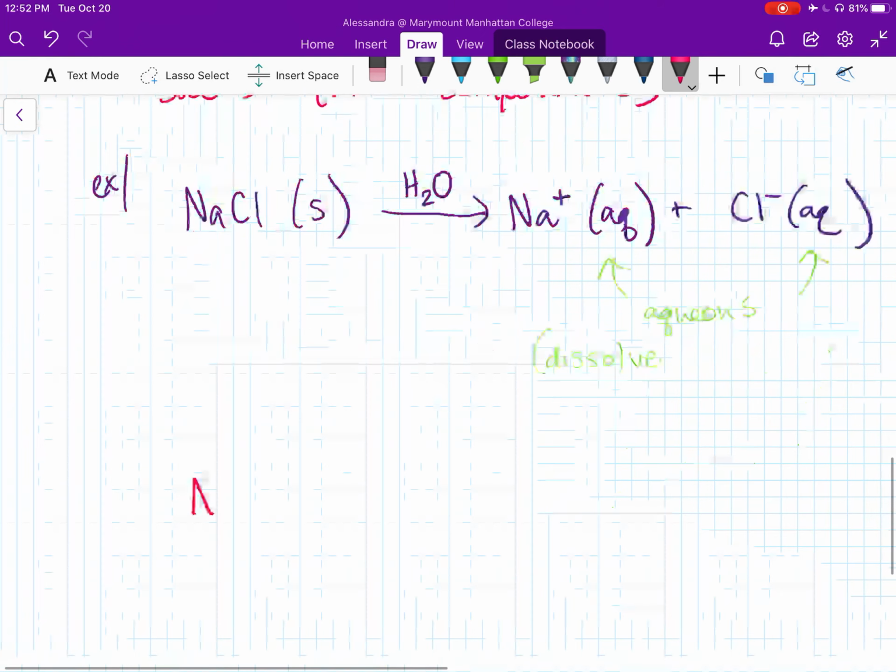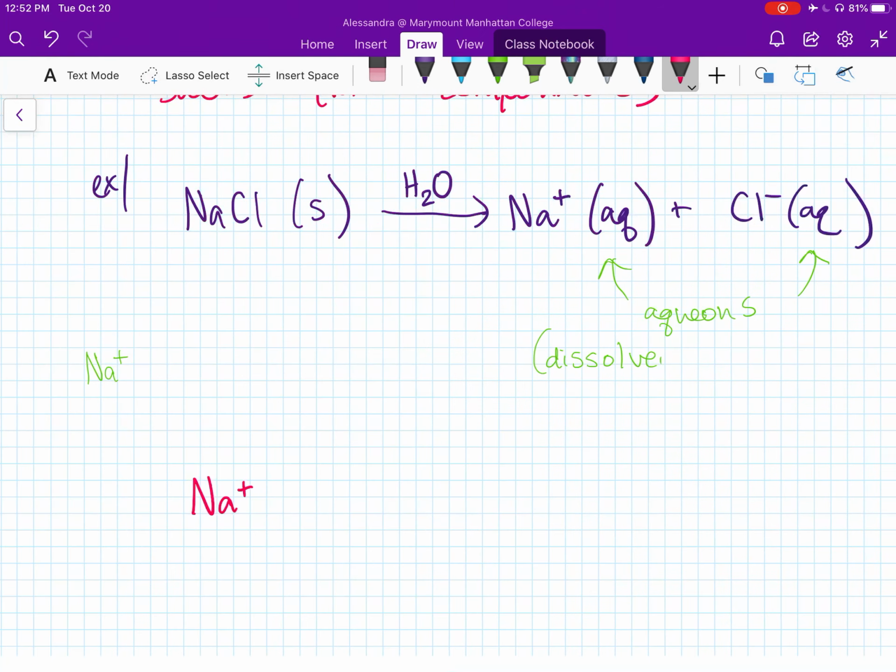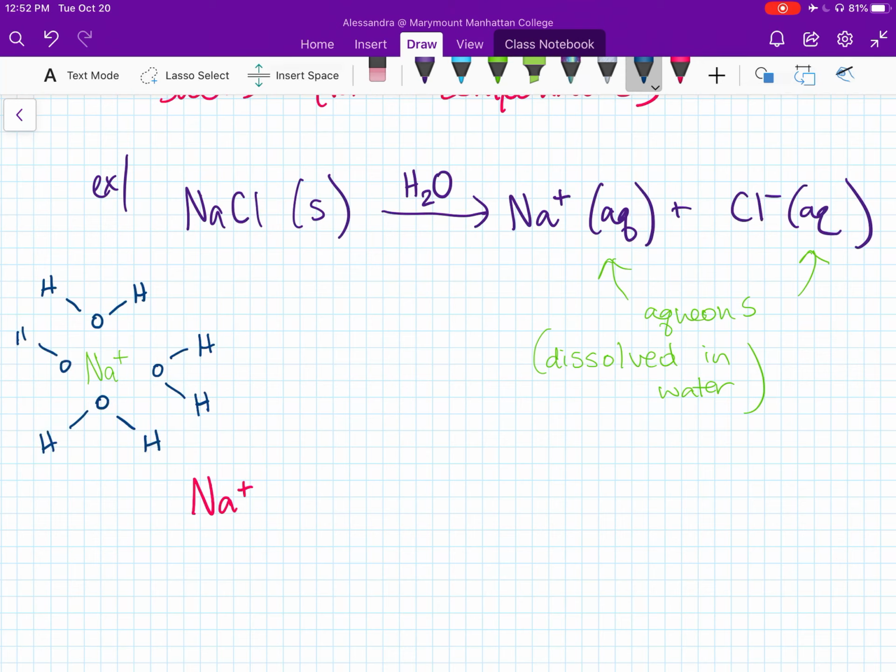So I'm going to draw what that might look like. Basically, the more electronegative end, the oxygen, is going to orient itself towards the cation. So the water molecules will form this very nice arrangement around the sodium cations that is a very stable arrangement.